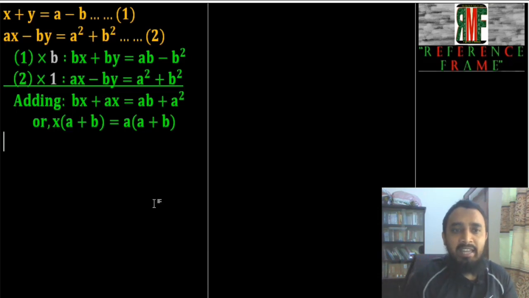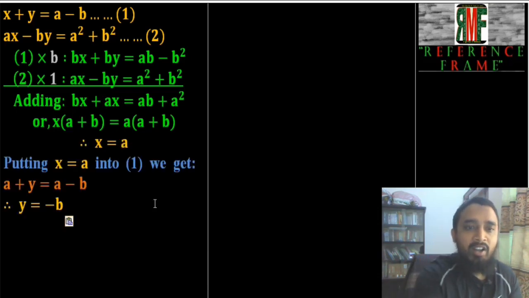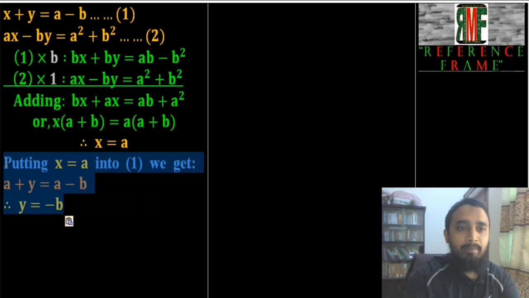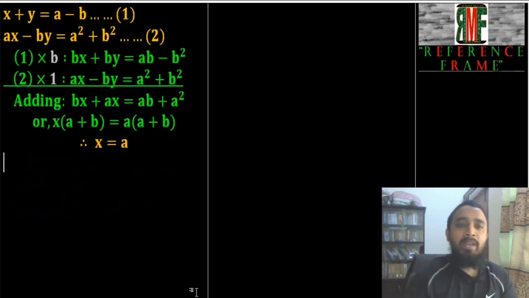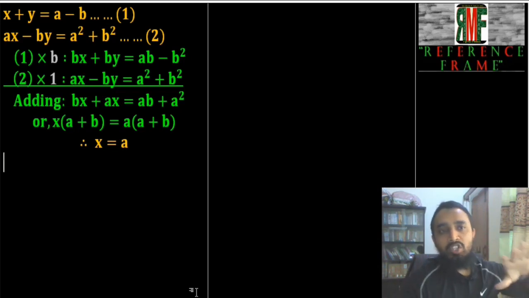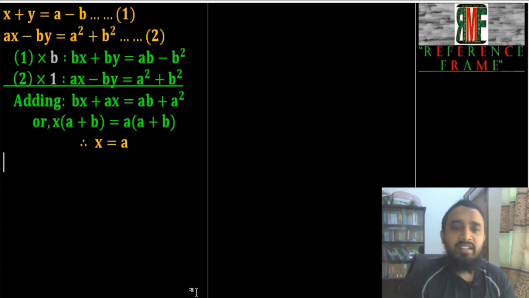So by cancelling a plus b from both sides, we're going to get x equals a. So among the two variables x and y, we have already found the value of x, and the result is x equals a.